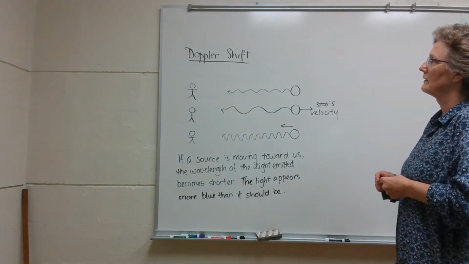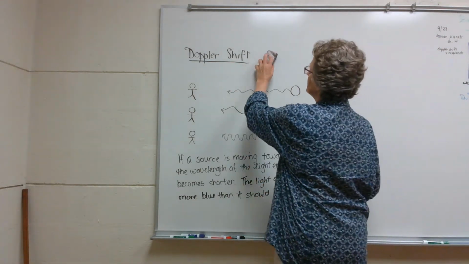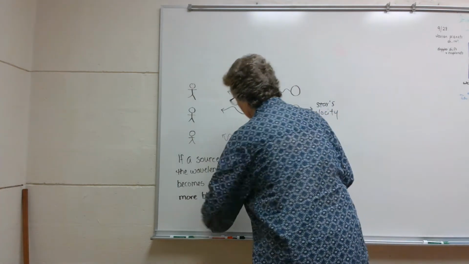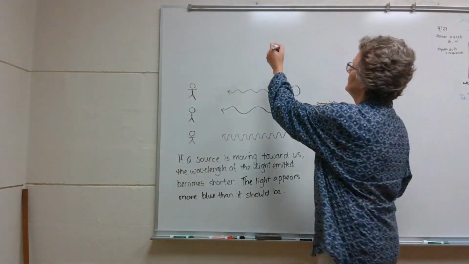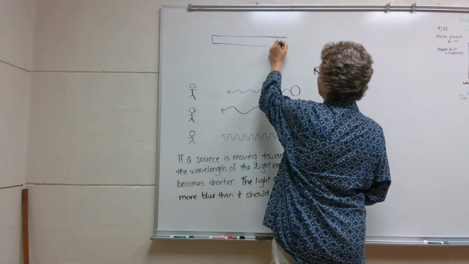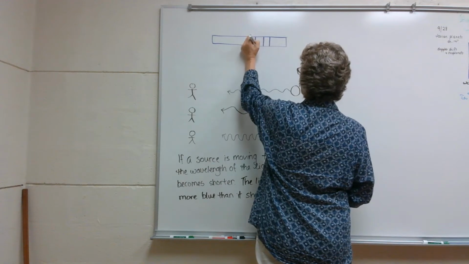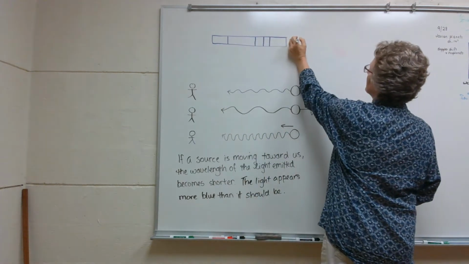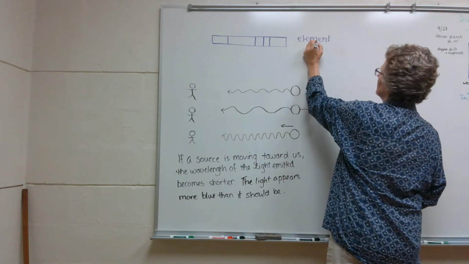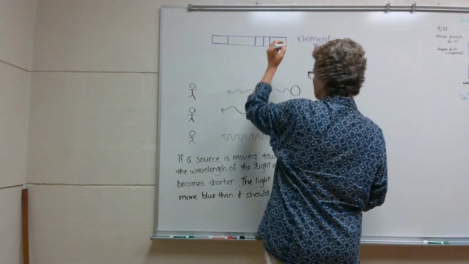Okay, so let's just see what that means in terms of the spectrum. So say we're looking at a star. Okay, well, let's have a look at, I don't know, say this is element X. We're not saying it's any particular element.